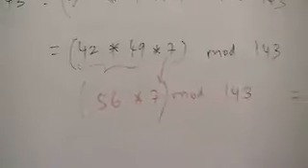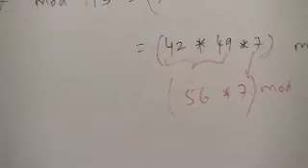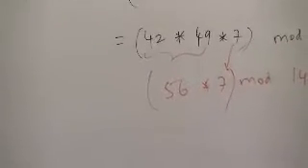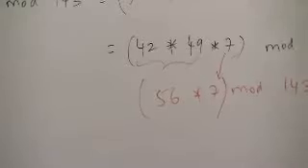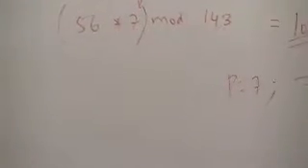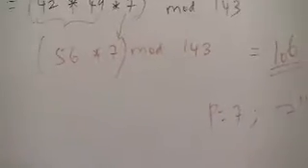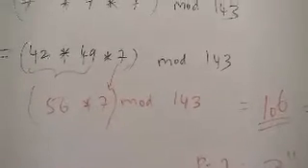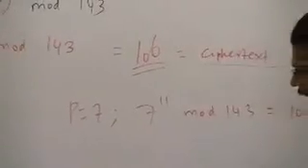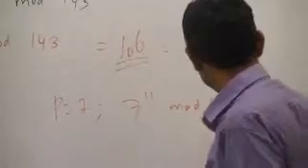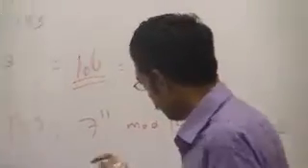So this is the cipher text. What we did, we computed 7 raised to 11 mod 143. 7 was your plain text, and we computed 7 raised to this, and we got this as the cipher text. So now we want to decrypt. In this case, the encryption and decryption keys are the same, but generally they need not be the same.